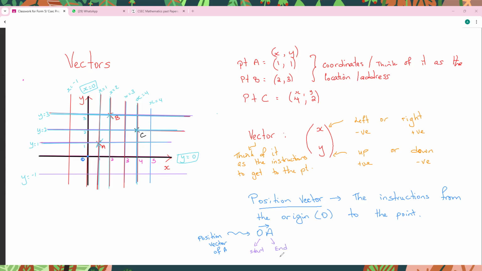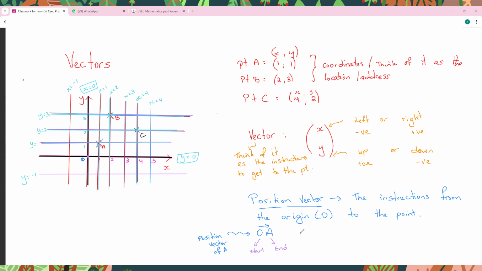Right? Because we're trying to build a story from this. So from O, the origin, which is here, I'm circling it so you look where I'm looking. In order to get to A, I'm going to move one place to the right and one place up, which is where A is located.